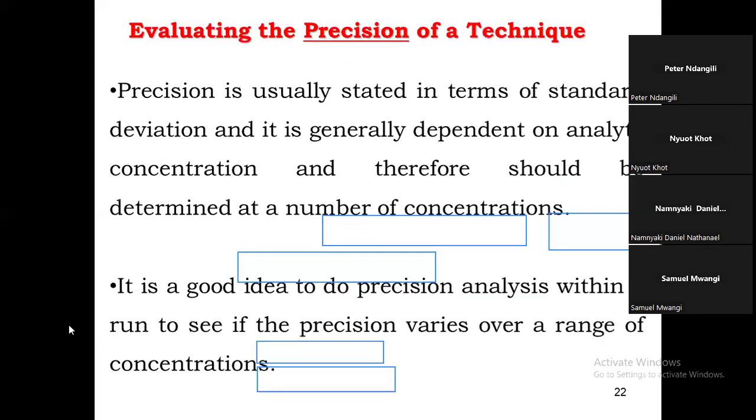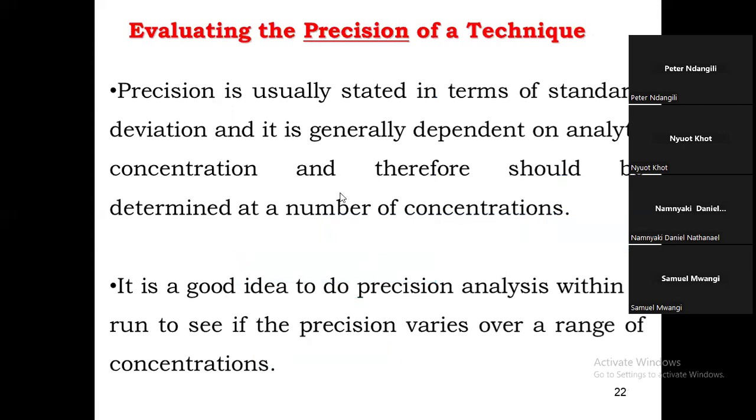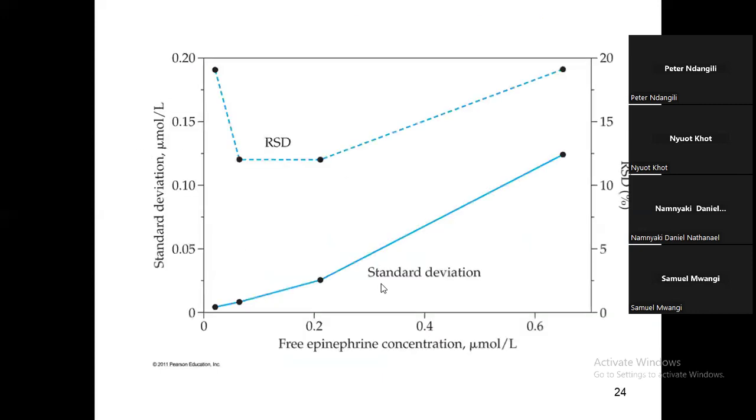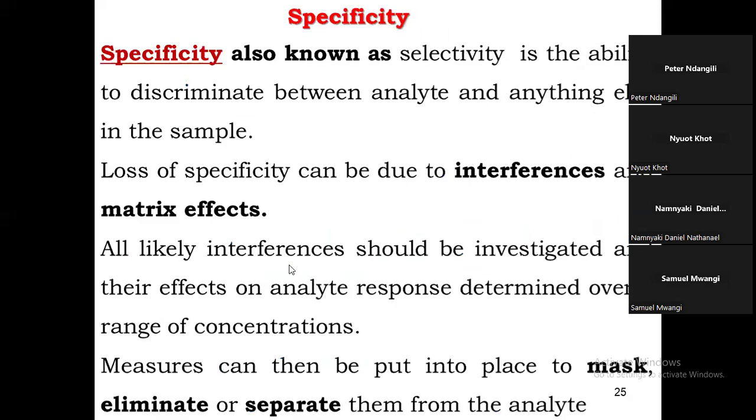We were talking about the precision, and we talked about this. I explained these three regions, and then we had just started specificity. The specificity of a particular technique is also known as selectivity.